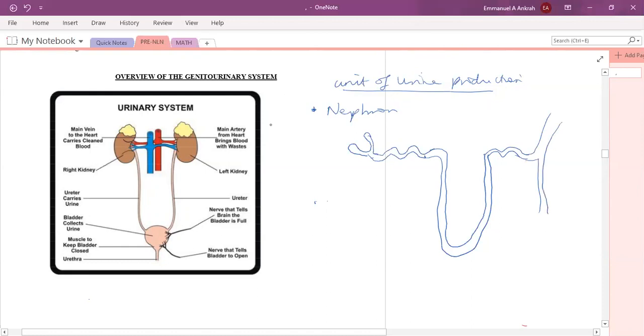So these are the basic units. They have blood vessels that come in, break down to small capillaries, and then come out again as a blood vessel.